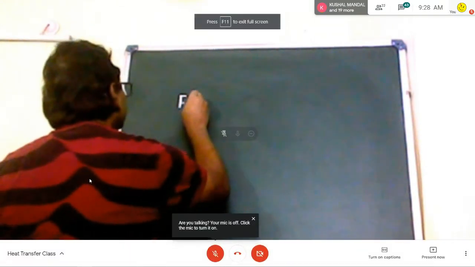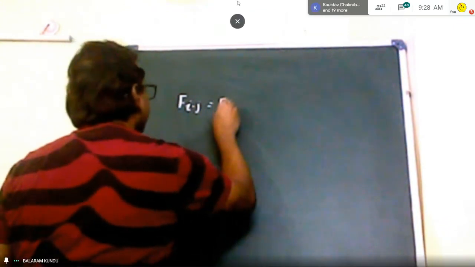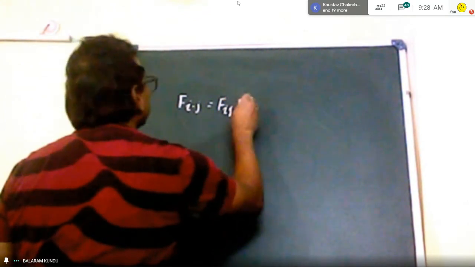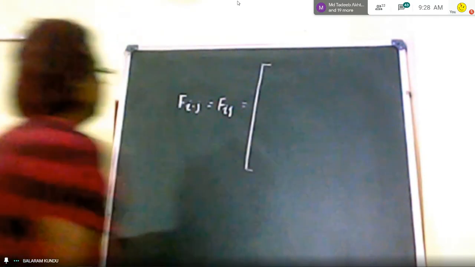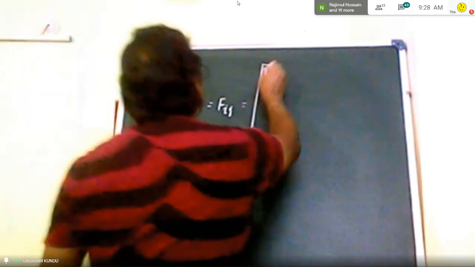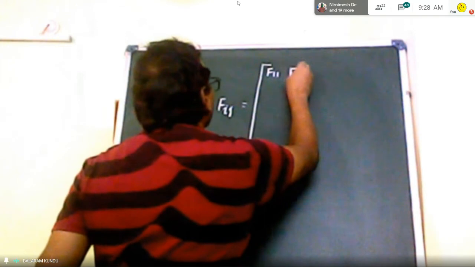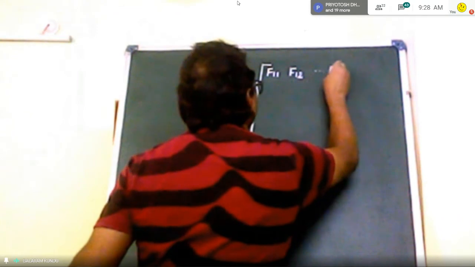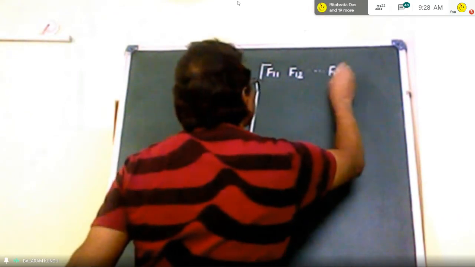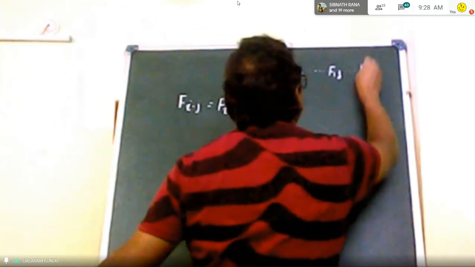Say F, you can think Fi to j, or better you write Fij, that is equal to a matrix. You can write here F of 1 1, F of 1 2, dot dot dot, F of 1 j, dot dot dot, F of 1 n.